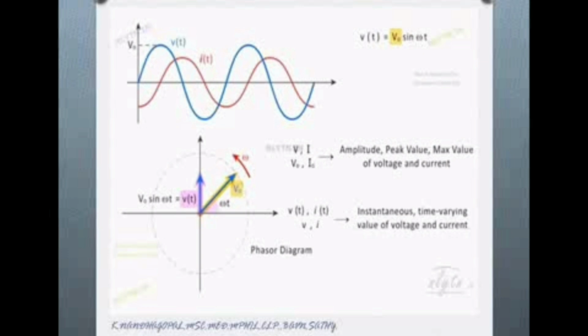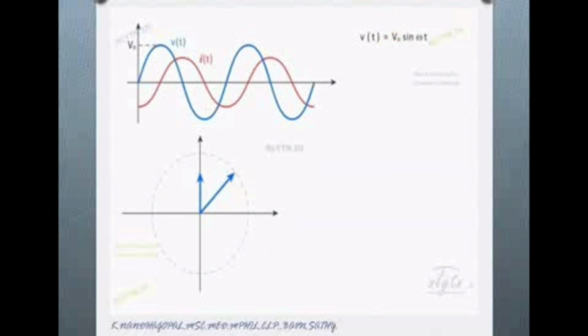So in the phasor diagram, the diagram indicates I and V and what the phase difference is between the current and the voltage. See, this is the motion of the current, indicating the vector on a perpendicular axis.